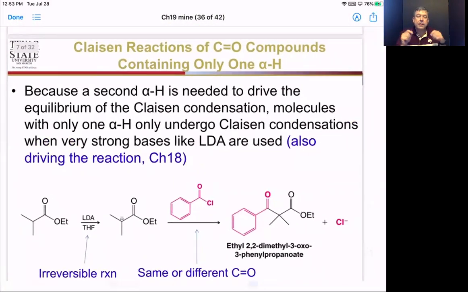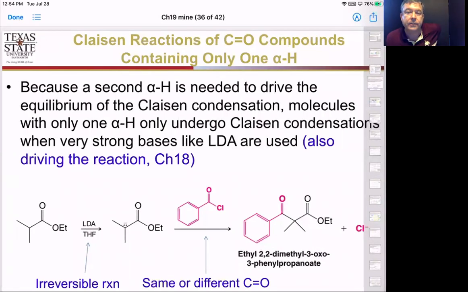All right. So now there's another way to design your Claisen reaction to be very clean and give you the product you want, okay? Now in a Claisen reaction, you're always gonna react some kind of ester, and you're going to try to end up getting your beta keto ester compound, okay?